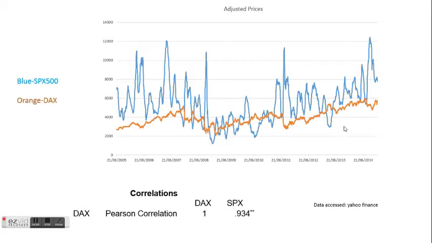So what you can see is that the blue line is representative of the SPX 500 and the orange one that of the GER30. The graph lines have been adjusted so that the difference between the true values of the markets is removed, i.e. the SPX is worth 2,075 roughly at the moment, and the DAX 10,800 roughly at the moment.